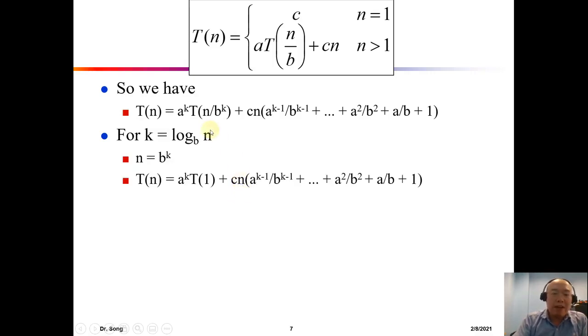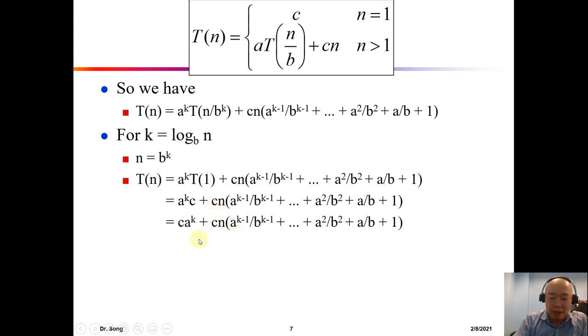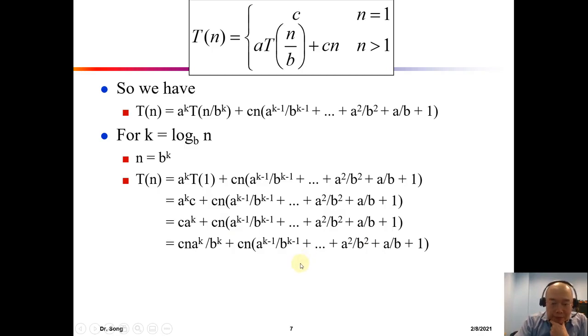Now we can substitute n with b to the k, and this is what we have. Then we do a little bit more massage, and we got this part. For this part, we have cn, and in parentheses we have a to the k divided by b to the k.